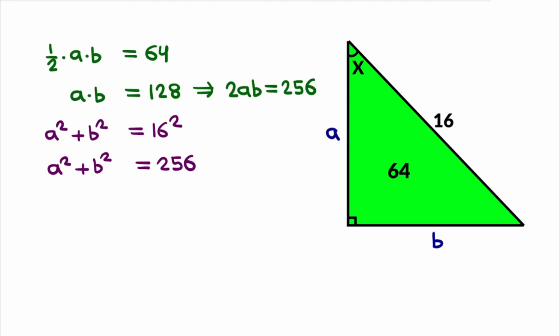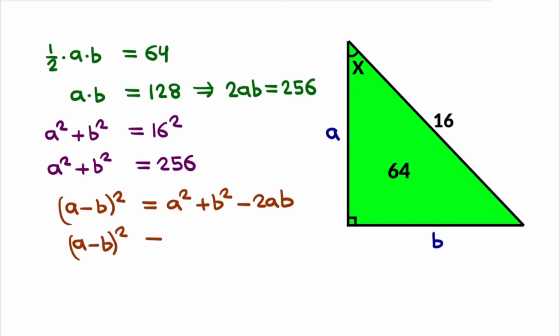Now let's bring in a classic algebraic identity. The quantity A minus B, all squared, equals A squared plus B squared minus 2 times A times B. Substituting what we know, we get the quantity A minus B squared equals 256 minus 256, which simplifies to the quantity A minus B squared equals 0.